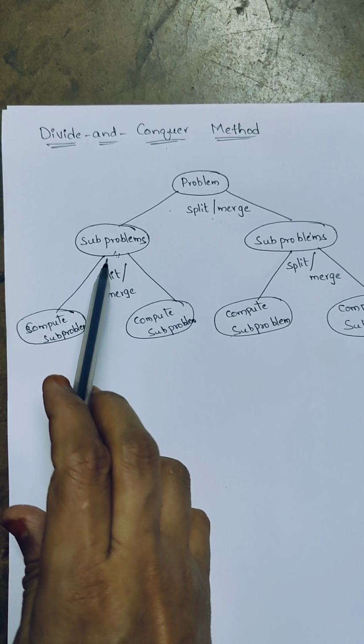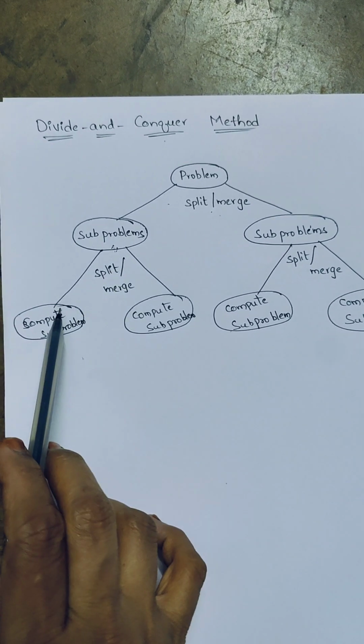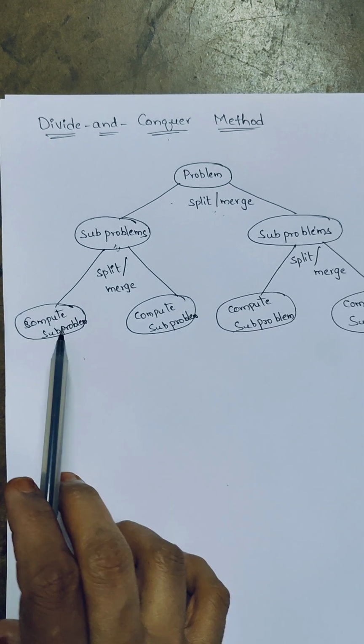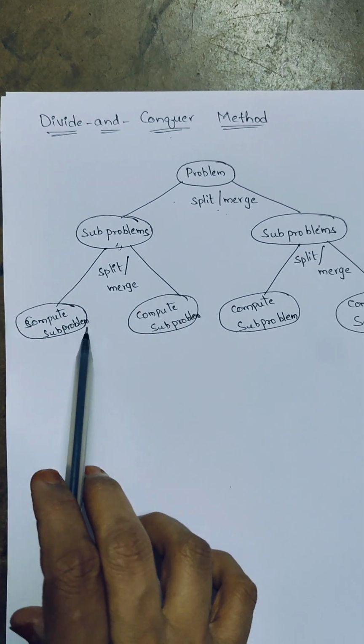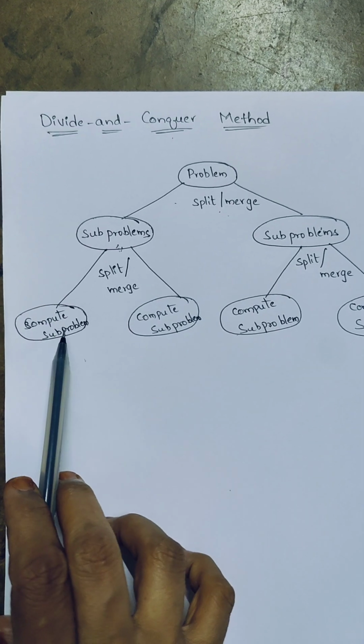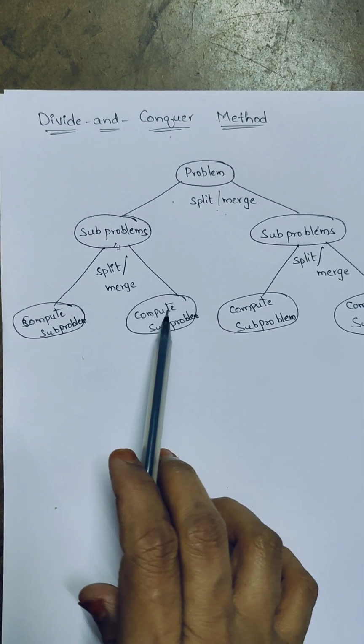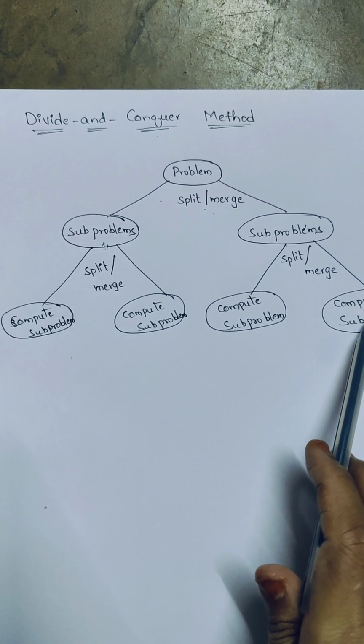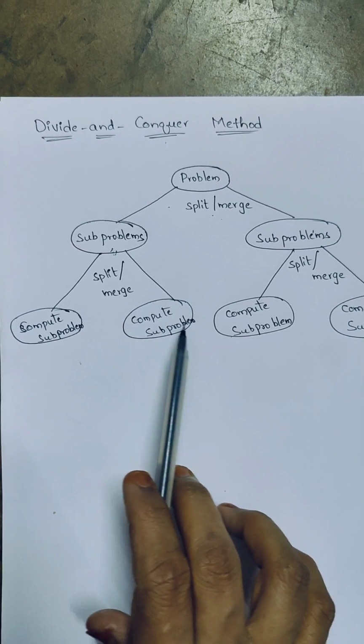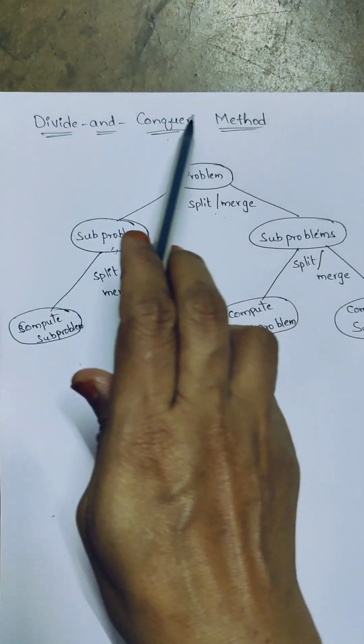Before solving the problem, again we need to divide it into two subproblems, and each subproblem can be solved individually. So this is the first procedure for the divide and conquer method.